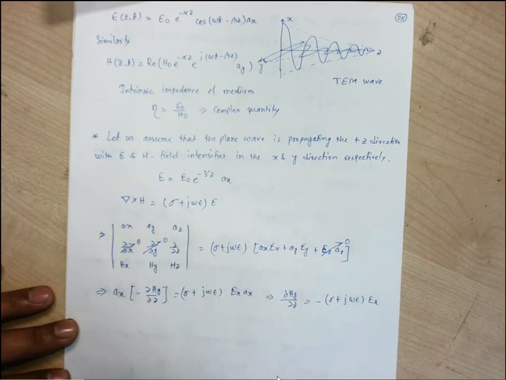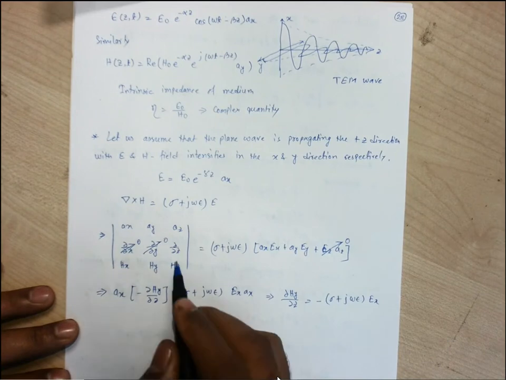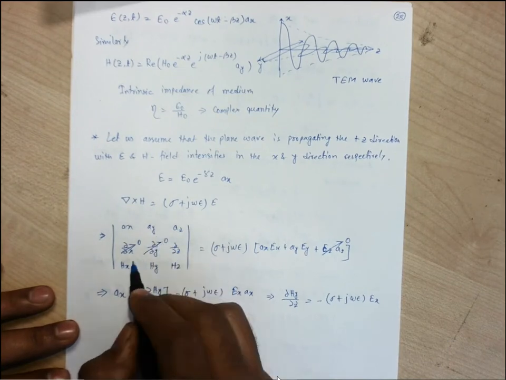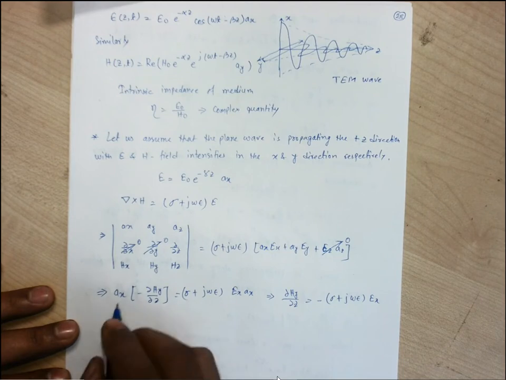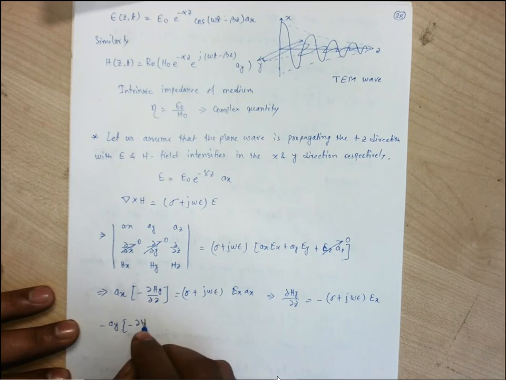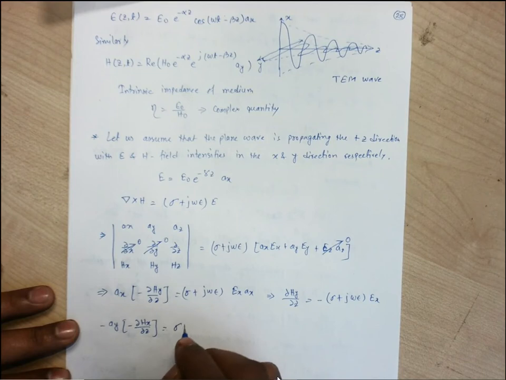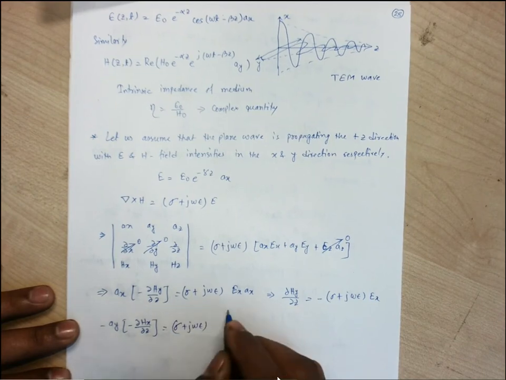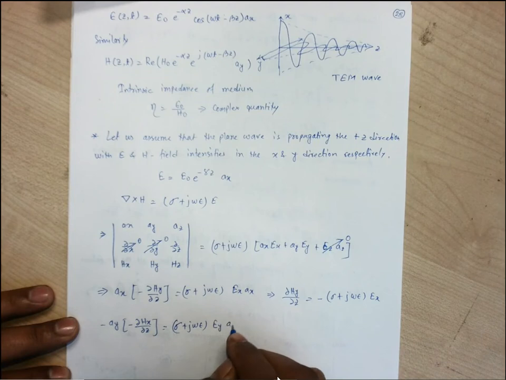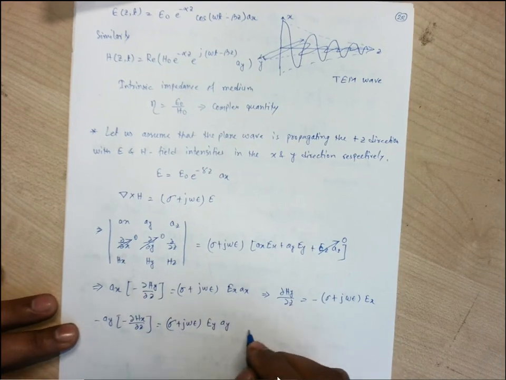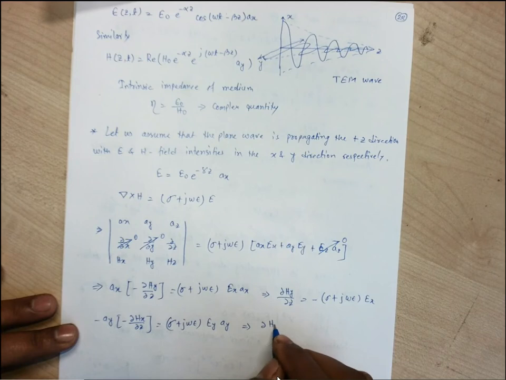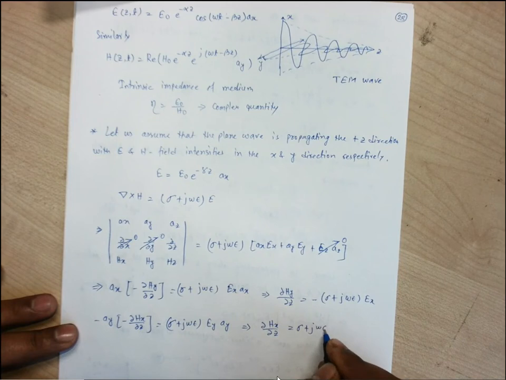Now if we take the y component, then minus of del hx by del z is equal to the y component, sigma plus j omega epsilon, ay. So this gives us del hx by del z is equal to sigma plus j omega epsilon into Ey.